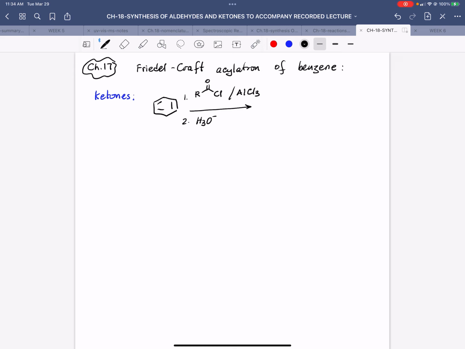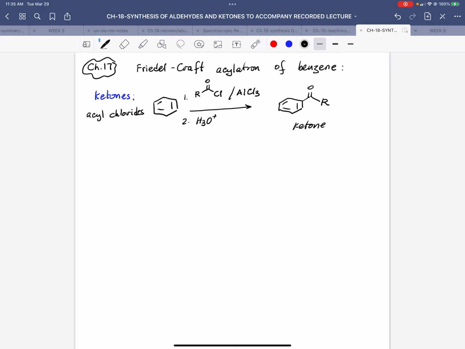That's not a mechanistic step. So we're using acyl chlorides to produce a ketone. Okay?